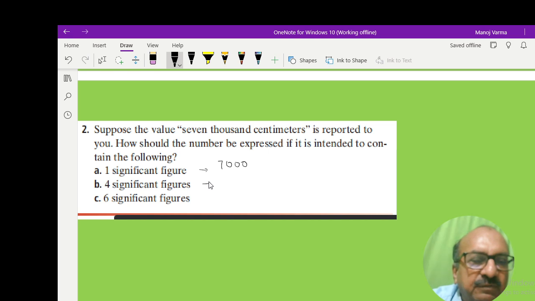Four significant figures will be 7,000 with a point over here, and six significant figures will be 7,000, and then there will be two more zeros, so all the zeros become significant because there is a point.